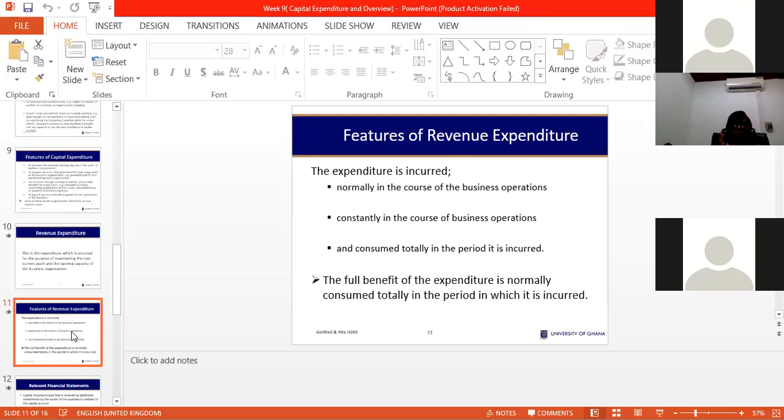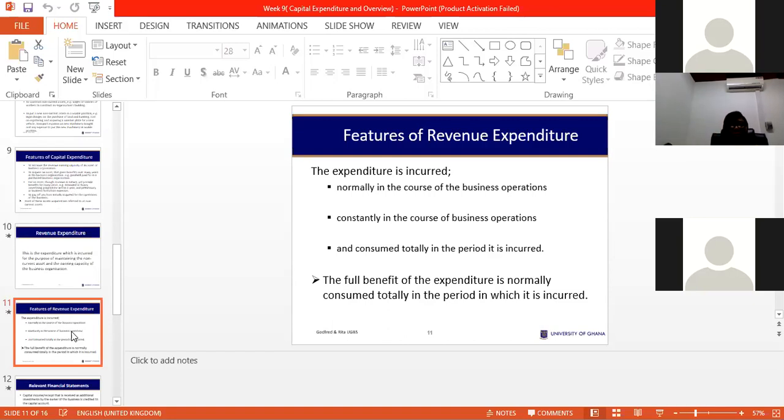Now, one thing you must note with revenue expenditure is that it is incurred in the normal course of business. So on a daily basis, you are incurring revenue expenditure, constantly in the course of business operation. Every day you are buying and selling water. If that is your main business, you would always earn and incur revenue expenditure, either because somebody is buying and you have to carry, so you pay some wages, or you have to buy some carrier bags and put the water in.